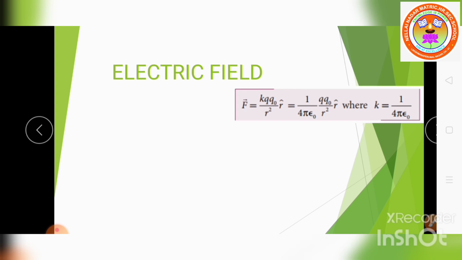If I substitute the value of K, that is 1 by 4 pi epsilon naught, I get the formula 1 by 4 pi epsilon naught Q Q naught by R square into R cap. This is the electrostatic force experienced by the charge Q naught due to the charge Q.